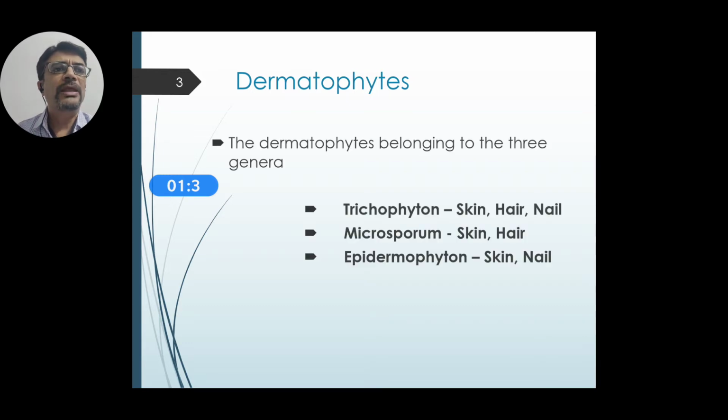So this group is comprised of three genera, namely Trichophyton, which can infect all three things, that is skin, hair and the nail. Then we have Microsporum, which can infect skin and hair but not nail, and Epidermophyton that can infect skin and nail but not hair. So these are the dermatophytes.